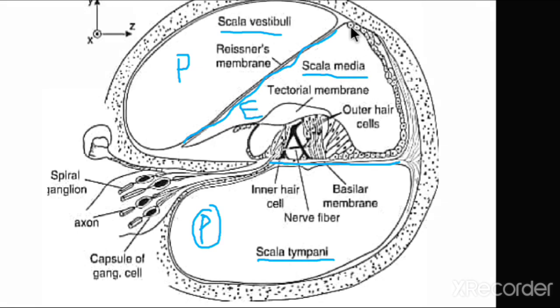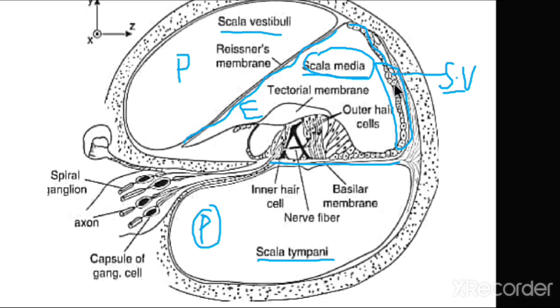Endolymph is secreted by this vascular layer present within the scala media, called the stria vascularis. Now let's study the mechanism of Meniere's disease.